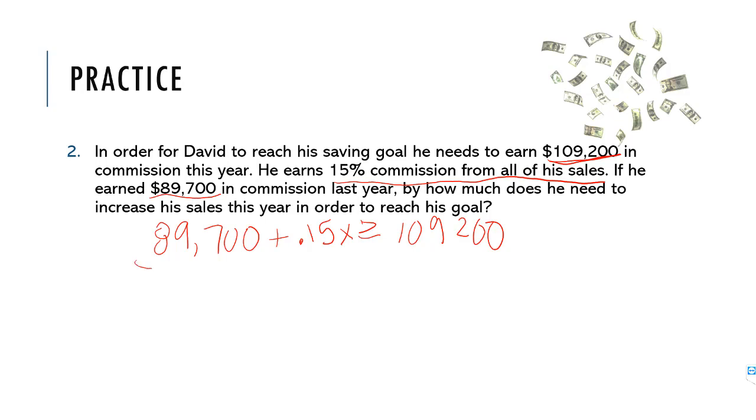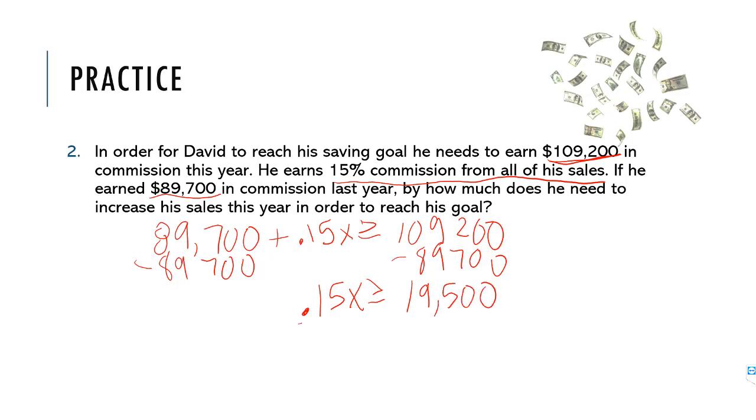Let's go ahead and solve this inequality by first subtracting that 89,700 and moving it to the right-hand side. So we have positive 15x left over, which is greater than or equal to 19,500. And we'll divide by that decimal.